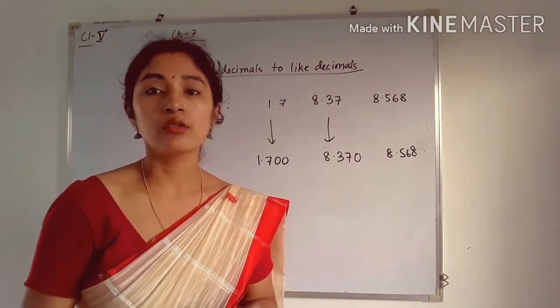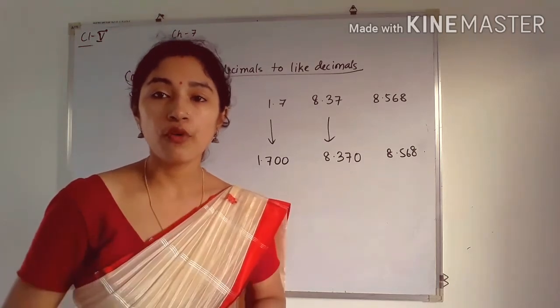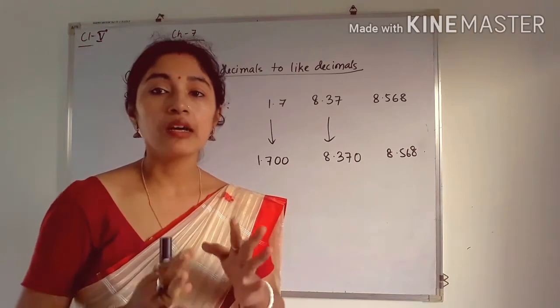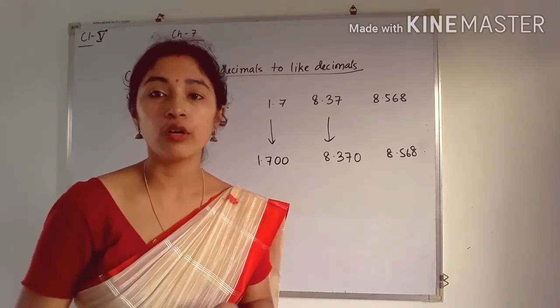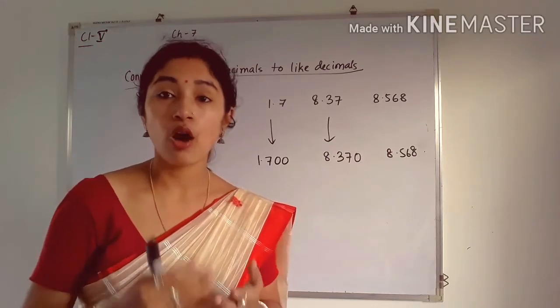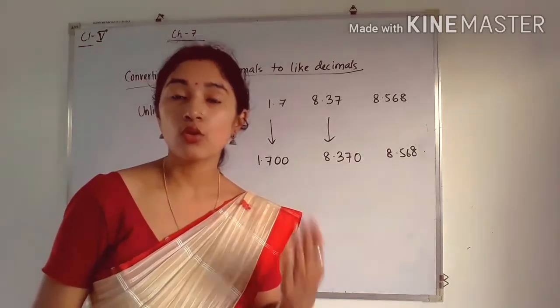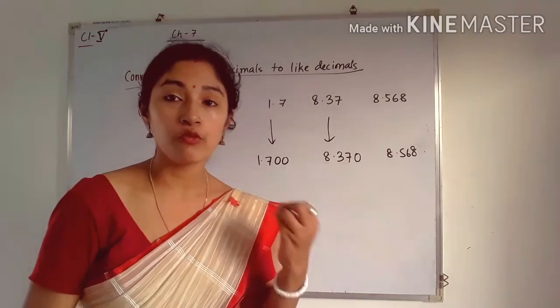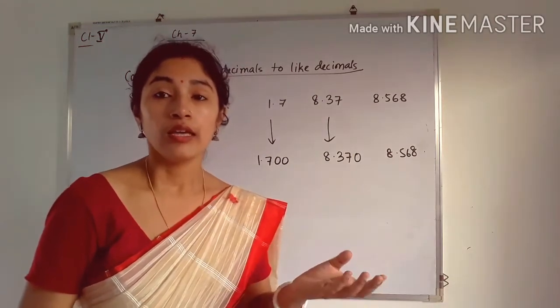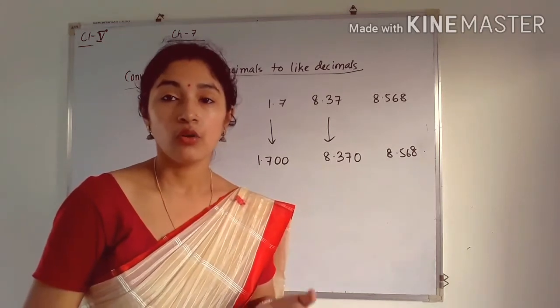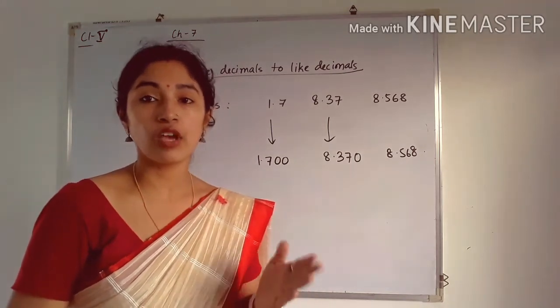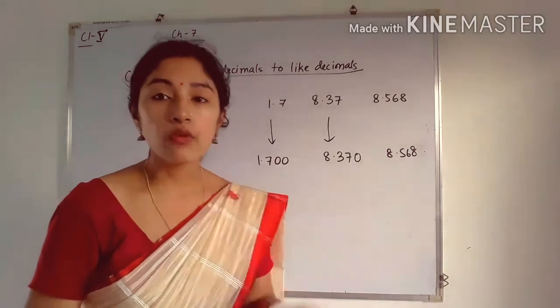So here also, for comparing unlike decimals, first of all you have to convert them into like decimals. So how to convert? In fractions, what we were doing was converting into equivalent fractions. Here also in decimals we have to convert into equivalent decimals.